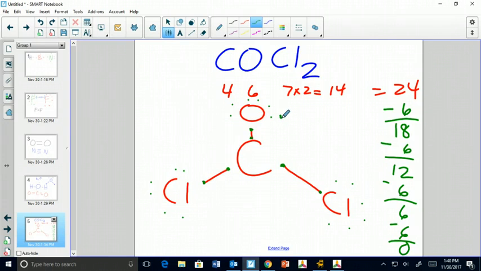So it's going to take one of those pairs, and instead it's going to make a double bond here. Does that make sense? And now if we count them up, chlorine has 8.